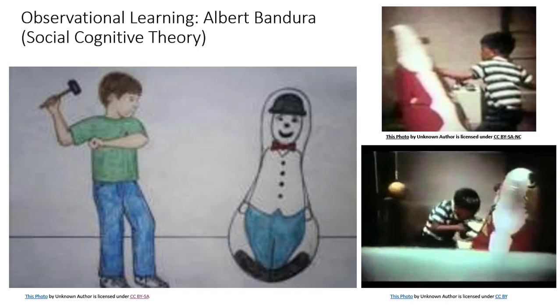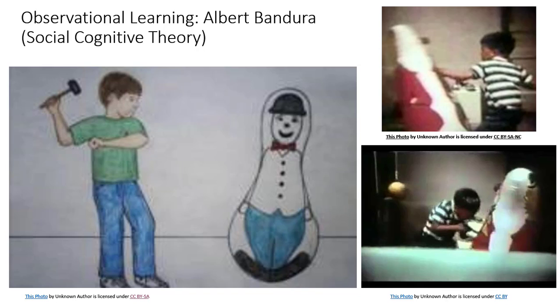So it's kind of rooted in cognitive theory. It doesn't say cognitive theory doesn't exist or that it's not valid, but it extends it by acknowledging that social environment can affect cognitive acquisition of knowledge. So one of the pivotal researchers in this area was Albert Bandura in the 1970s.